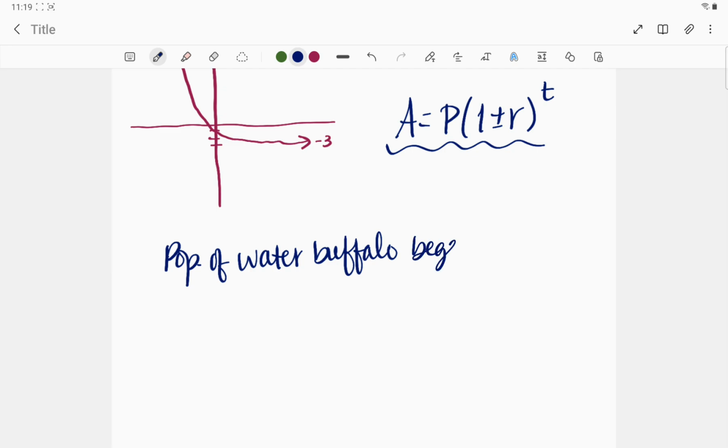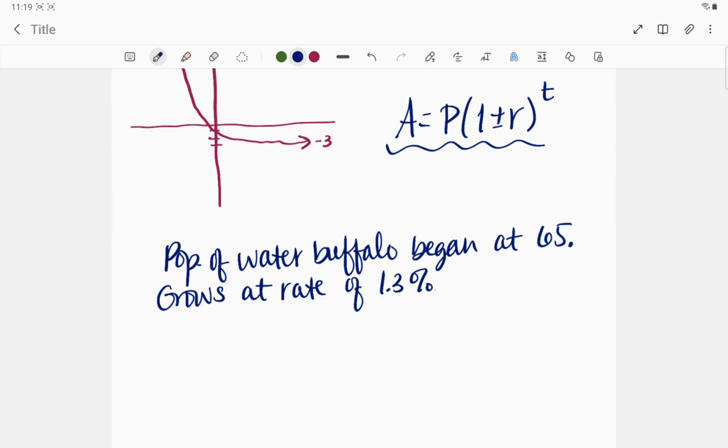It began at 65, and then let's say that the water buffalo population is growing at a rate of 1.3% every year. So it began at 65 water buffaloes. It's growing at a rate of 1.3% per year. And how many water buffalo will there be in 5 years?